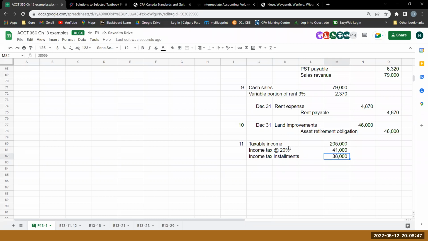So income tax payable is just the difference, 3,000. As of December 31st, I'm going to debit income tax expense and credit income tax payable for $3,000.